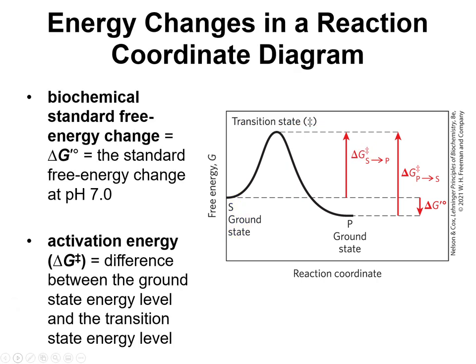Since we're talking about biochemistry, we're going to use the biochemical standard free energy change. So the only difference is that there's a little prime here, and I'm going to highlight that. And what that prime means is that we're looking at the free energy change at pH 7. pH 7 is biologically relevant.